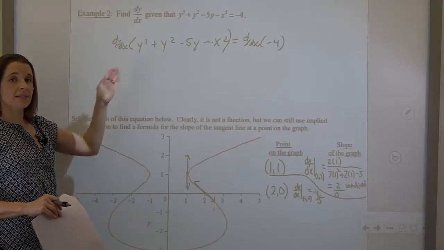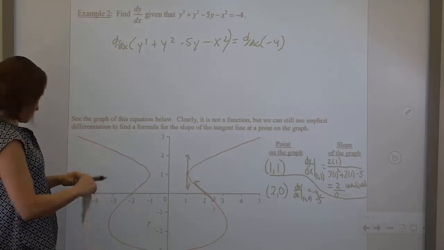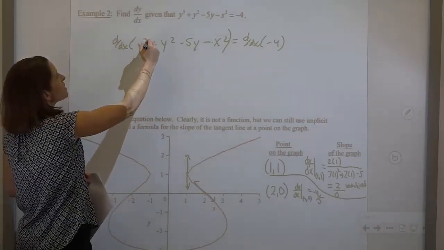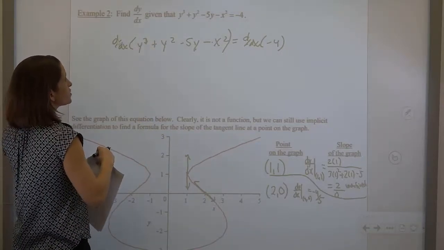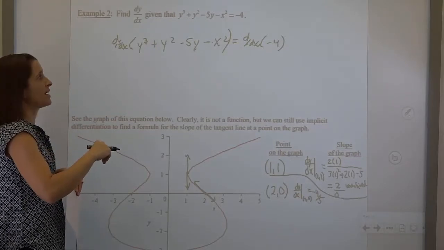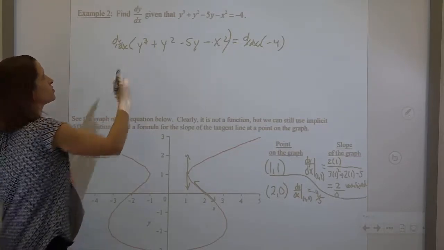Then within each of those sides, I can go term by term, taking those derivatives. Anytime we get to a y, we're going to start doing the derivative as usual, and then remember the chain rule, dy dx. Anytime we get to an x, we do it as usual.